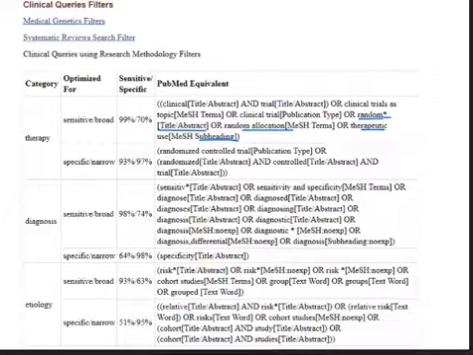So this is considered a more sensitive way of finding papers that are about therapeutic effectiveness. And you can see it really is focused on intervention studies, clinical trials, things that have random allocation in them.